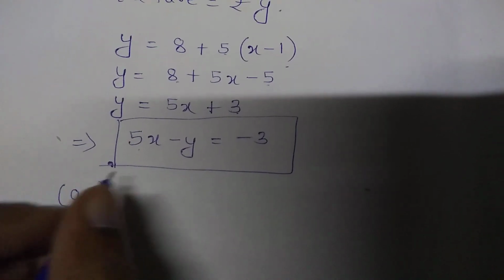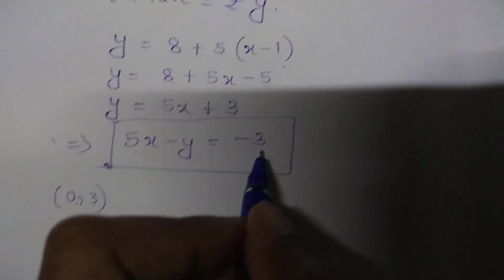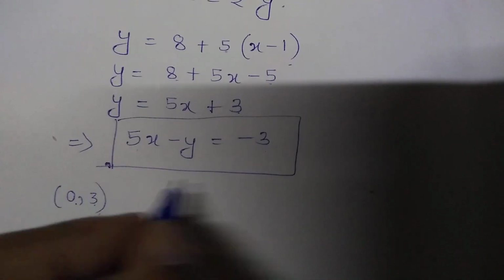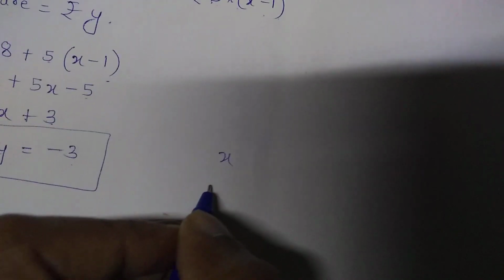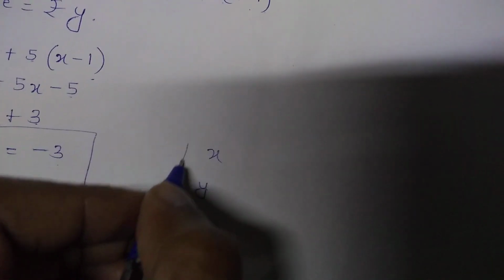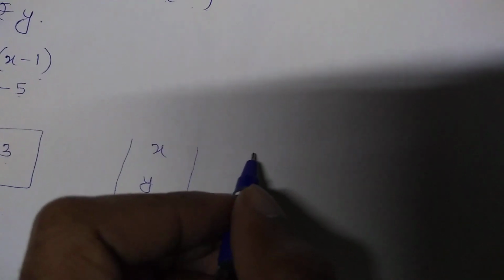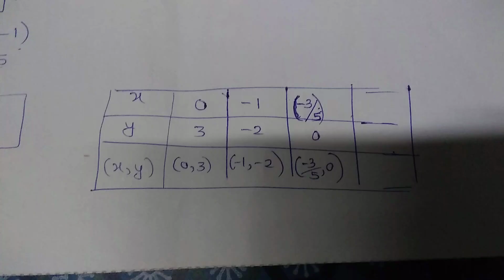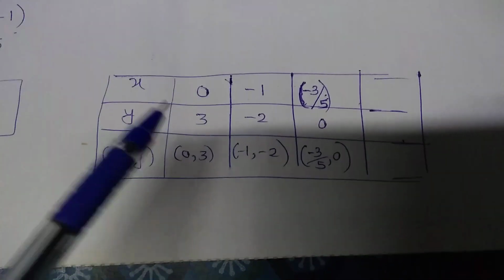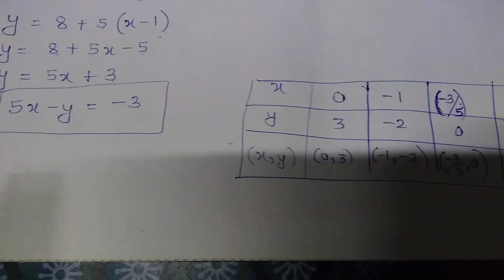When you substitute 0 in place of x and 3 in place of y, you will get minus 3. If you remember, in the last class we made a table showing some x and y coordinates, and after that we plotted the graph. So now I have found the coordinates that satisfy this linear equation in two variables.